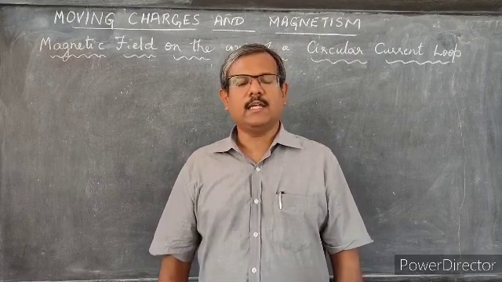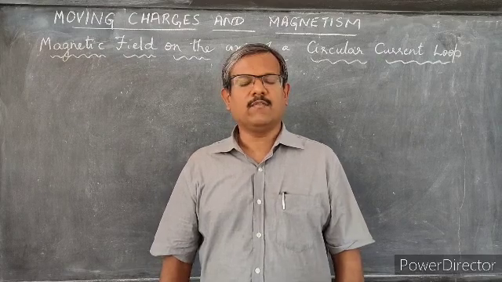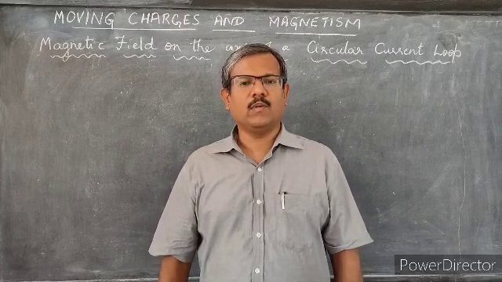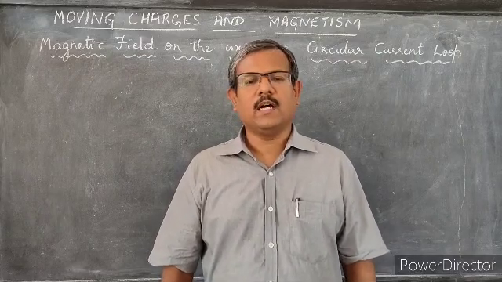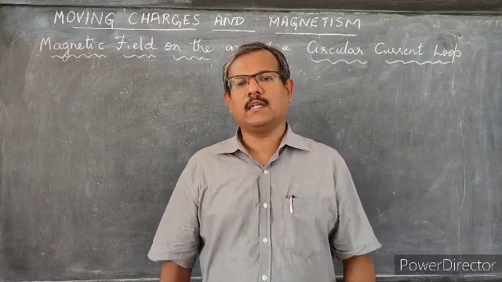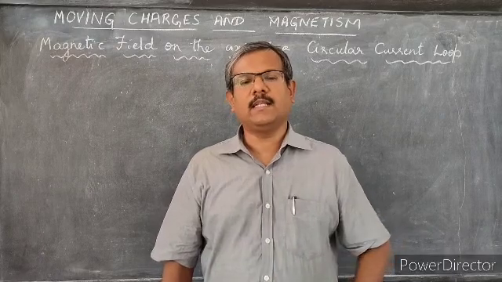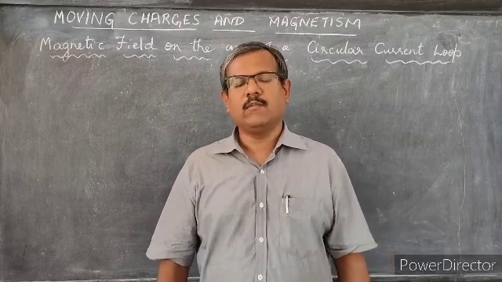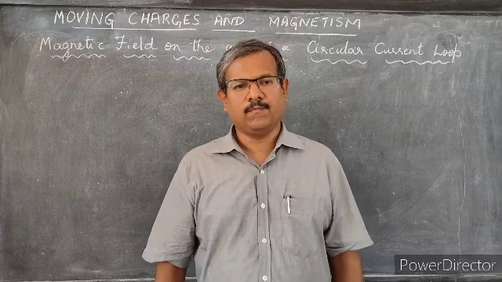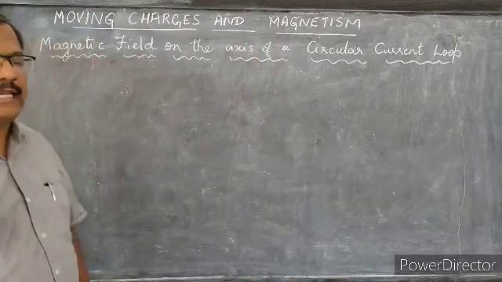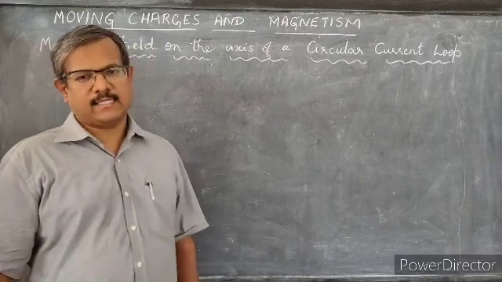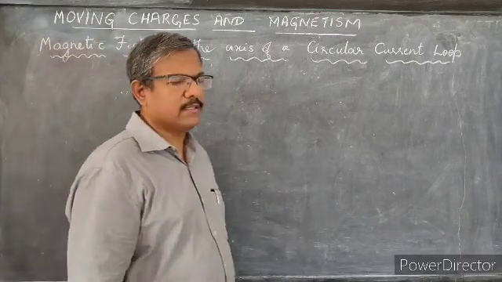Today we'll take our discussions a little further, wherein we will consider a bit of a complex shape in addition to the simple element that we considered last time. So today we'll try to determine the magnetic field on the axis of a circular current loop.